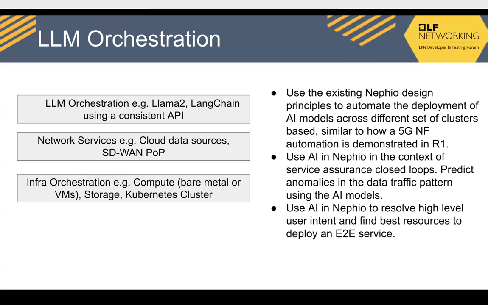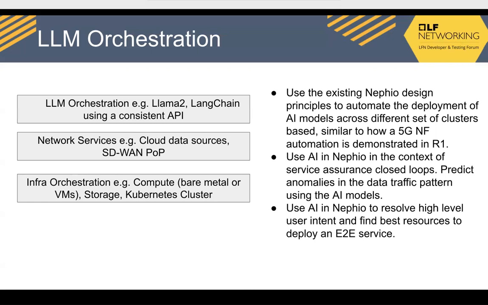We can use the existing Nephio design principles to automate the deployment of AI models across different clusters, similar to how we just saw 5G network function automation in the demo in the previous session.